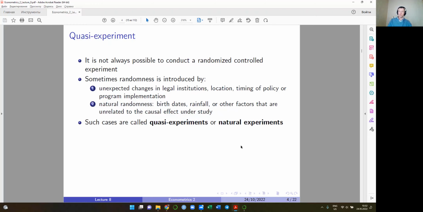Well, at the moment I thought that one of the recent examples of such unexpected changes might be this partial mobilization. Because to some extent, in the given group of people, there was a randomness, right? So who is gonna be recruited and who is not. We know the total number of people who are gonna be recruited, but within the target group, we don't know who is gonna be treated and who is not gonna be treated.